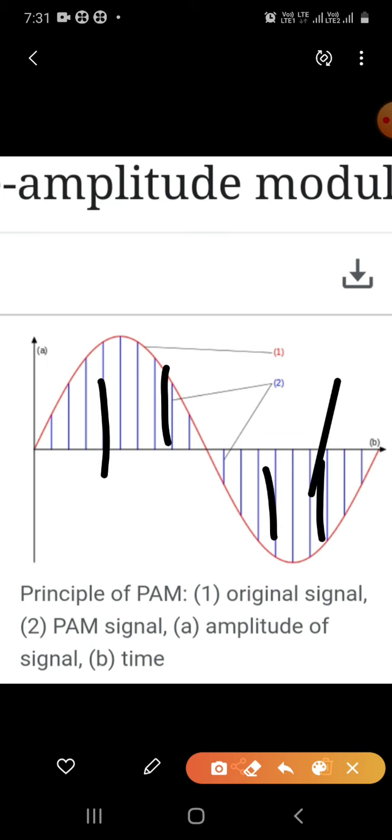With respect to time, this shows what the amplitude is. The first one tells about the original signal, and after amplitude modulation or PAM, we are getting the discrete values.